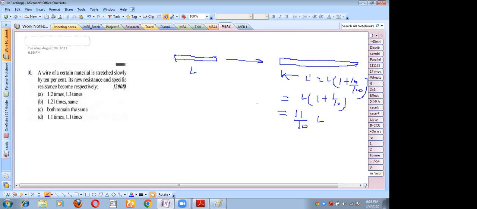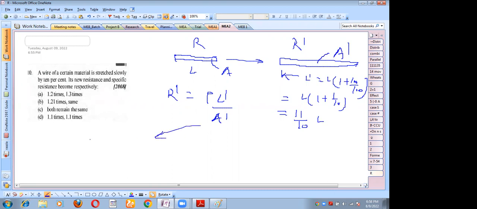So we have to find the new resistance. Suppose initial resistance is R and new resistance is R dash. R dash will be rho L dash by A dash. Suppose its area of cross section is A, now the area of cross section is A dash. We know L dash, but we don't know A dash, right?